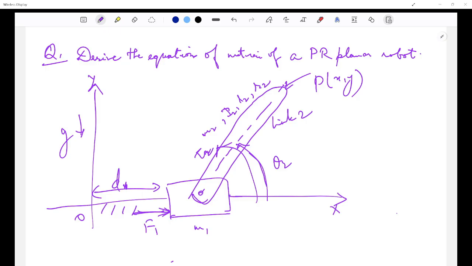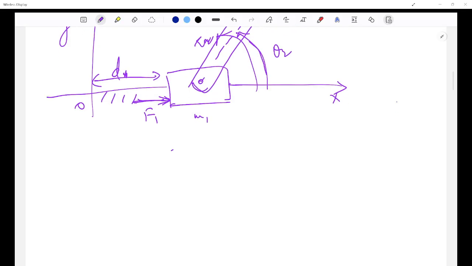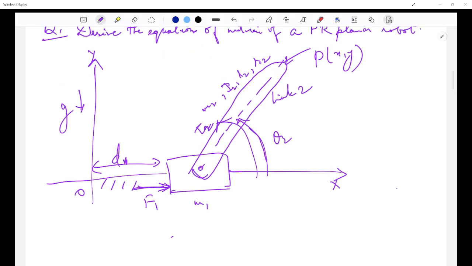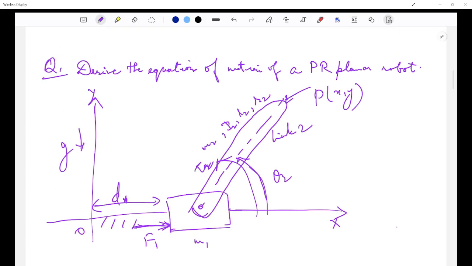Gravity acts along the negative y axis. You're supposed to derive the equations of motion for the system. I hope all of you have noted down the question.